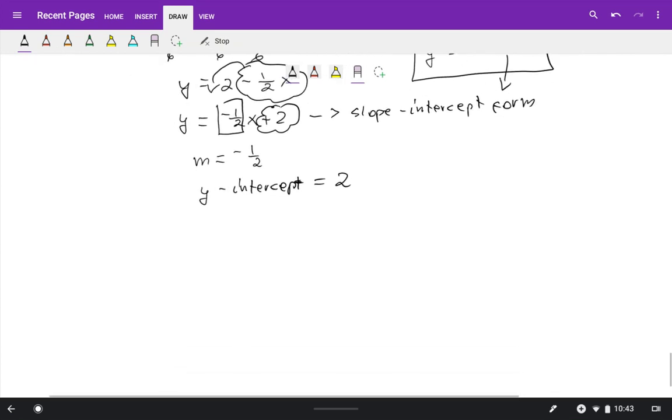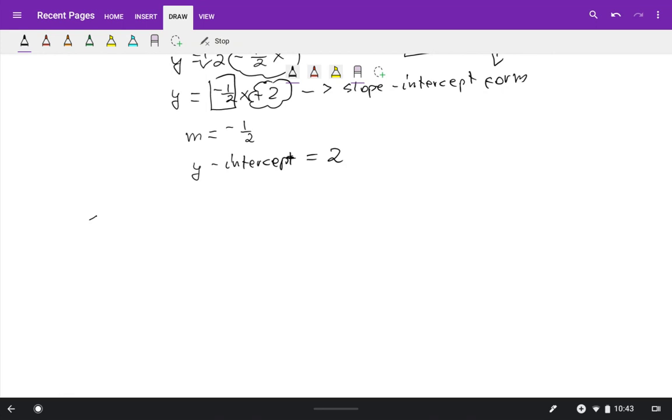So graphing the straight line, you already know the y-intercept, so you already have 1 point, a point on the y-axis at 2.